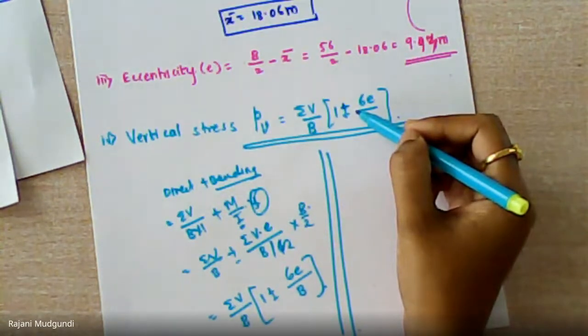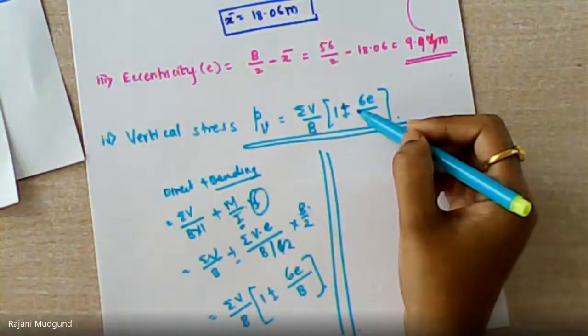In this case, it is the reservoir full case: there is water stored on the upstream side up to the reservoir full level, up to a height of 80 meters. Now what is the nature of stresses that will get developed at the base? What is the nature of stress at the heel and at the toe?